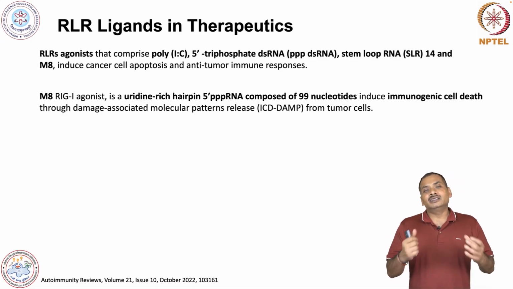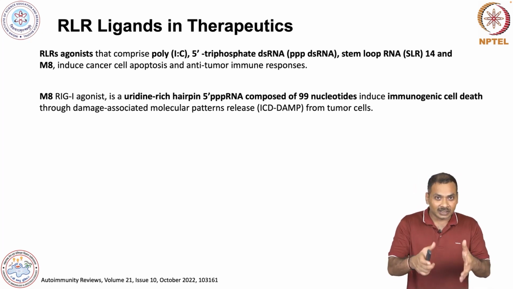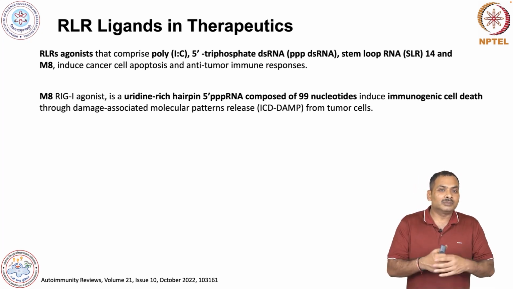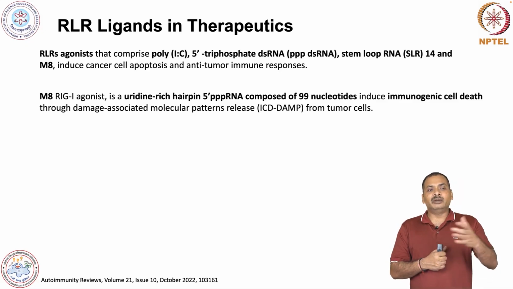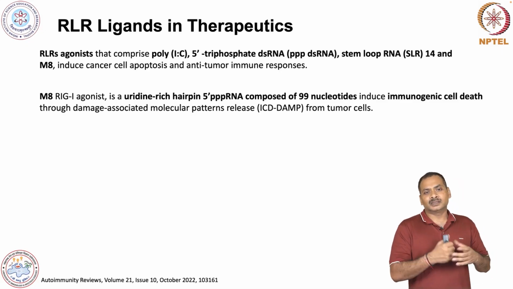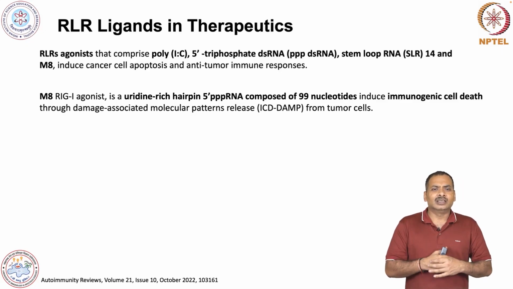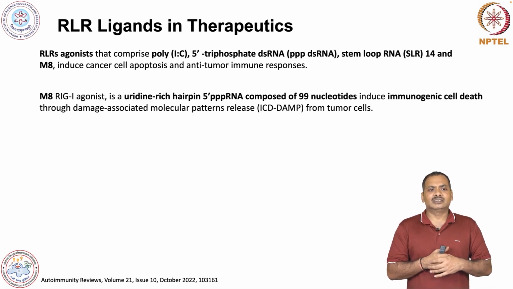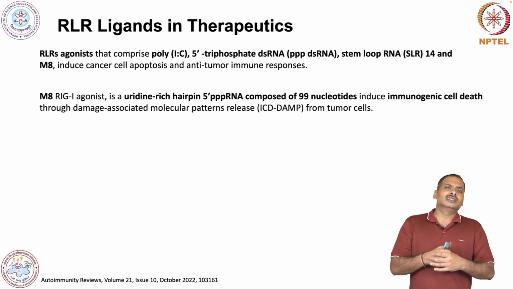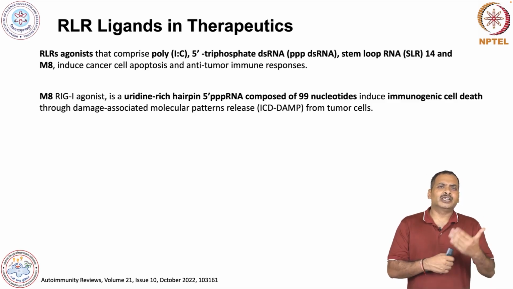Okay, and this activated immune system clears or eliminates those transformed cells. So M8 is a ligand for RIG-I, and it induces immunogenic cell death. Okay, and in that way the tumor can be cleared.